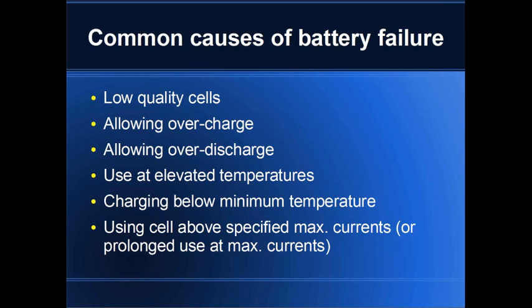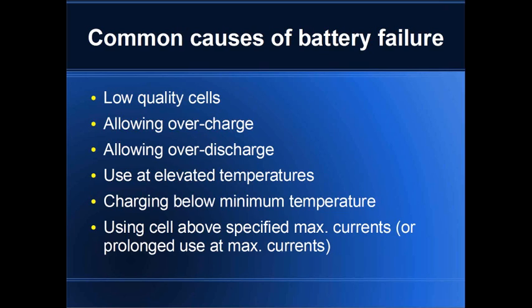These are not necessarily good reference numbers, but if you have a battery pack that might have 3,000 cycles when it is running at 25 degrees Celsius, that same battery pack may only get 300-400 cycles if you're running it at 50 or 60 degrees Celsius, which would be very, very close to the maximum for most cells. So elevated temperatures, even if you're not using the cell at those temperatures, cause them to degrade faster just from them sitting in those environments.